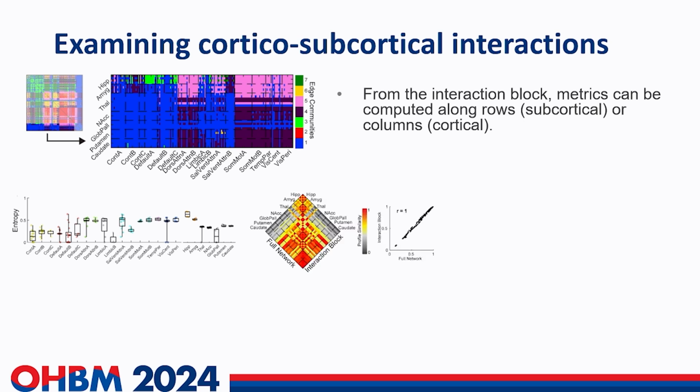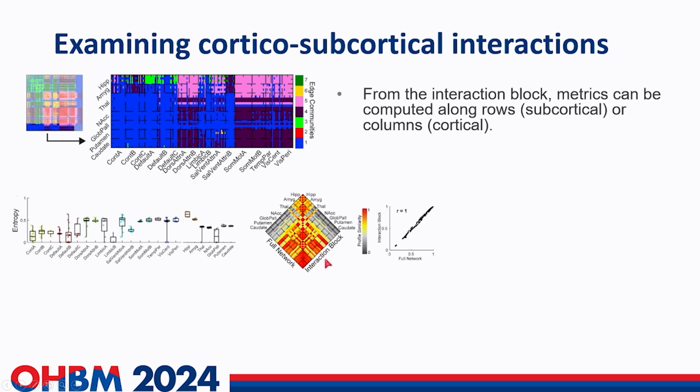We can look at how similar the edge community distributions are between two regions. So we take the rows of this matrix and compute the similarity among all rows, so we derive a new similarity matrix. If we do it for the entire network, including the cortical nodes as well as the within-subcortex part, you can see that it looks like this.